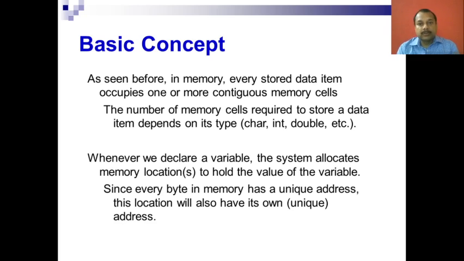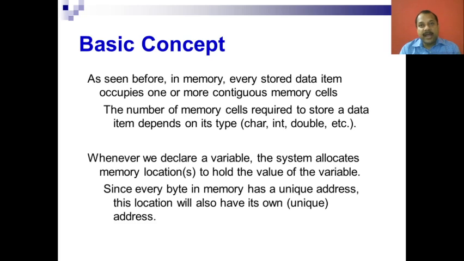To summarize, when I declare a variable, that variable must have a data type. That data type can be character, integer, floating, or double, or any other data type. It can even be some user defined data type like structure. Now whenever there is a data type, the data type informs two things. One is the amount of memory required to store a variable of that particular data type.